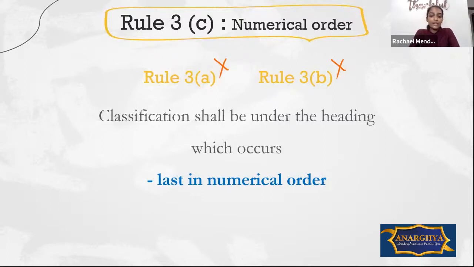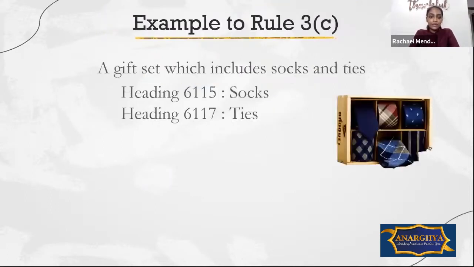That is how you're supposed to classify under this rule. So here's an example, a gift set which includes socks and ties. You're not able to classify it as per Rule 3A because there is no specific description. They're equally specific over here. So you move on to Rule 3B. Rule 3B tells you classify as per essential character.